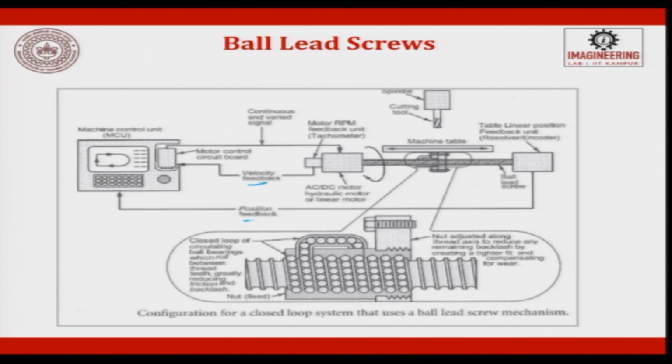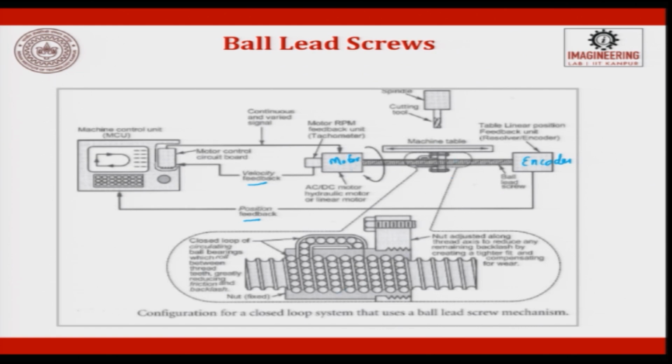Velocity and position are taken. I am sorry, I thought in the beginning I told this is a motor; this is the motor and this is the encoder. The lead screw is attached here, and the table moves here.